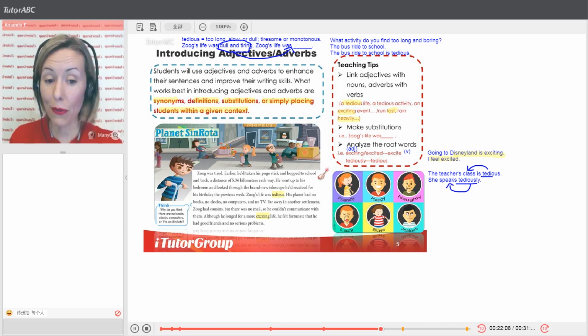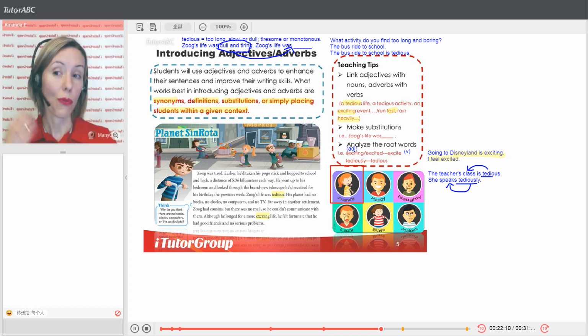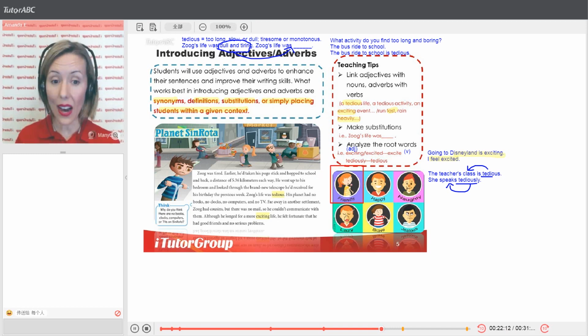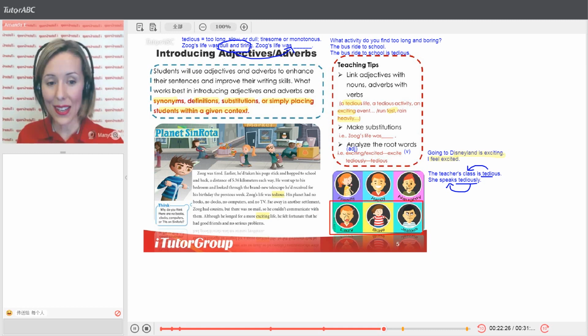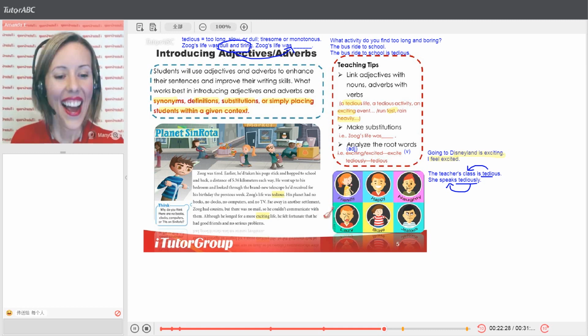We also have friendly. So we can show friend is a noun. Friendly is a person who likes to be around friends, who has lots of friends. Now we have other emotions here. These are also adjectives, some are.